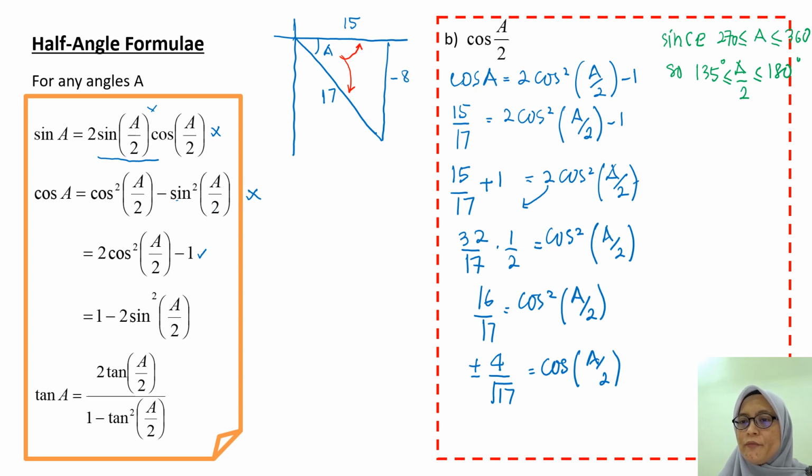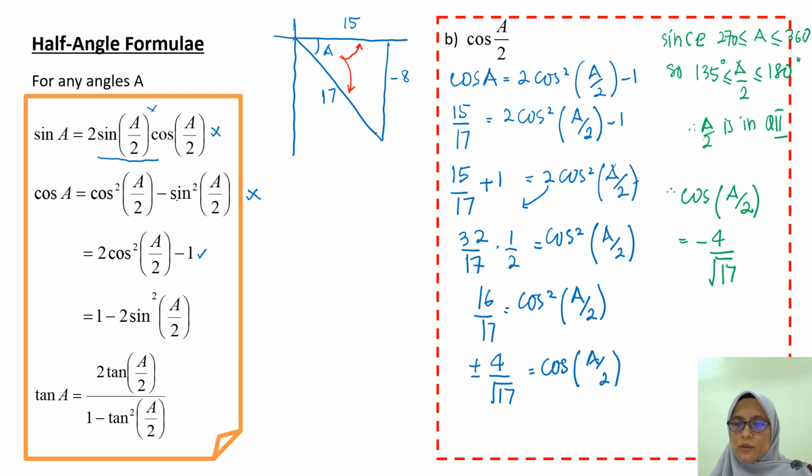So 135 to 180 means that your A over 2 is in the second quadrant. Okay, so if it is the second quadrant, it means your cos is negative. So for cos A over 2 we will get negative 4 over square root of 17. So that is how we get it for A over 2.